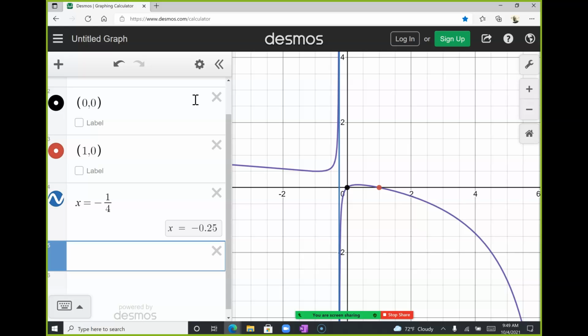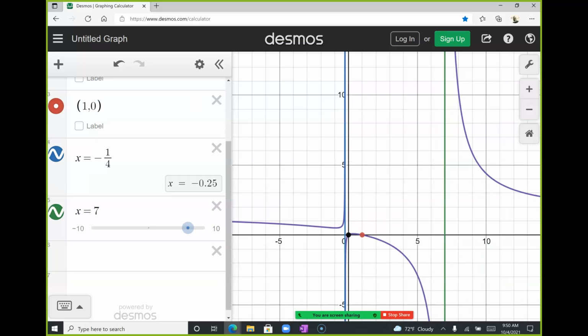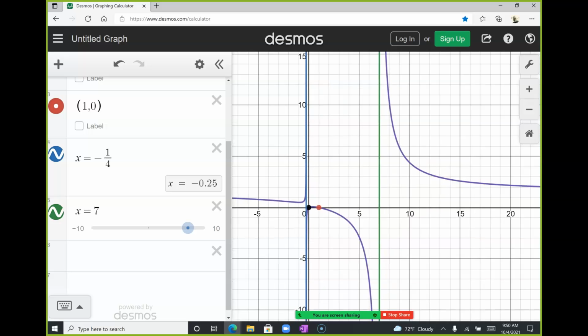And you can see that blue line going up, the purple graph doesn't touch that at all. And x equals 7, right? Where's my x equals 7? Over there. Oh, look at how much more of that graph is there.